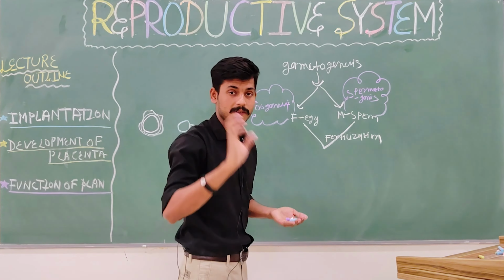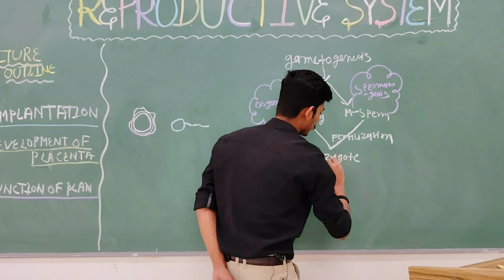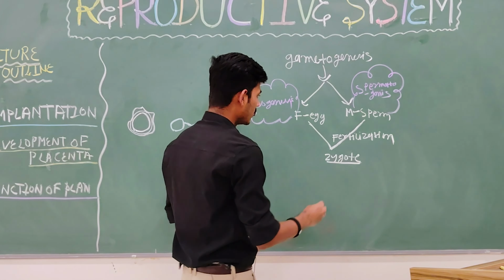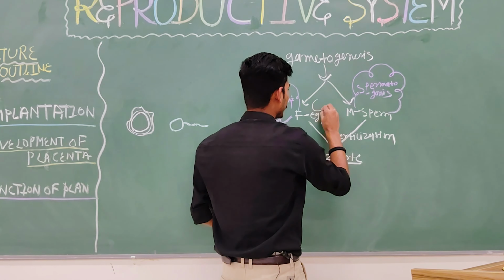Which we already discussed. Now, after the fusion of these two gametes, there is a formation of one zygote. This egg and this sperm are single-cell structures. They will fuse and form one diploid structure.